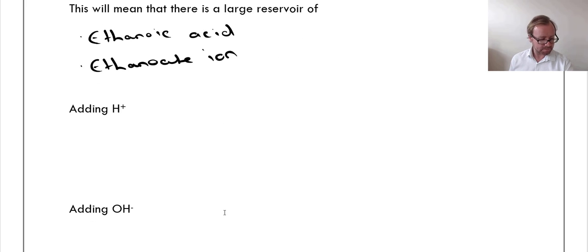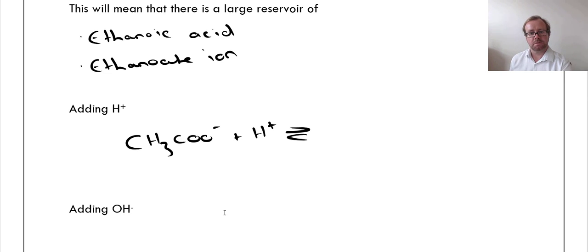Therefore, when I add my acid, it will react with my ethanoate ion to produce my ethanoic acid.